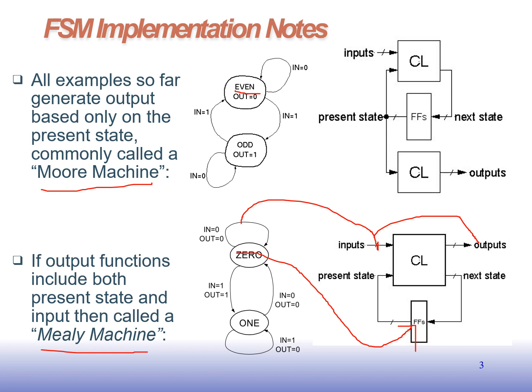In the Moore machine, the output depends only on the present state. So these things are very important.